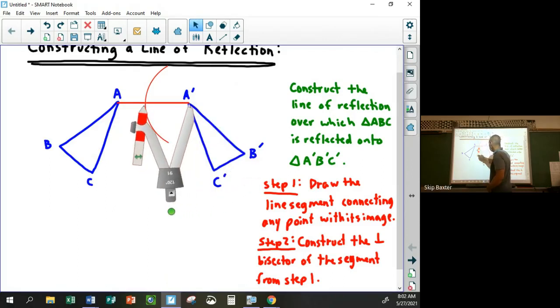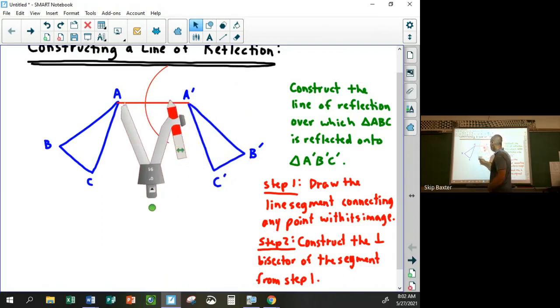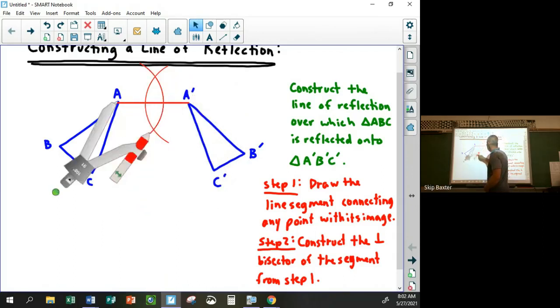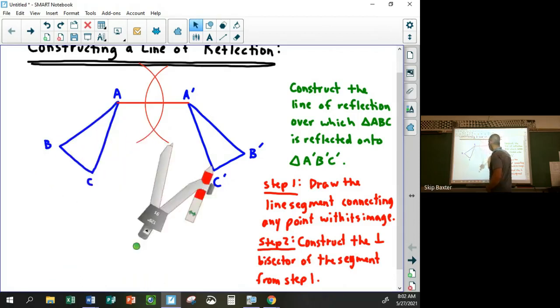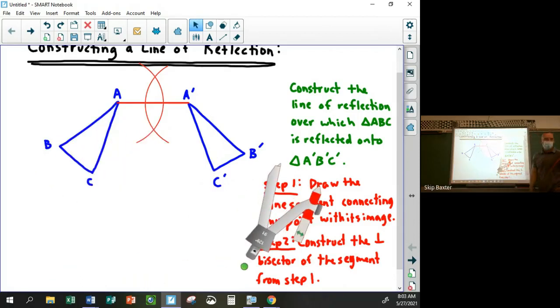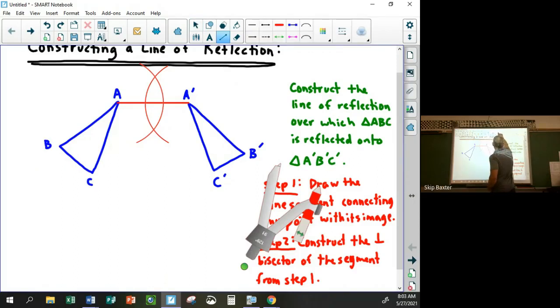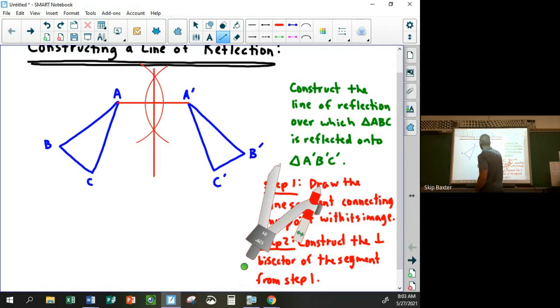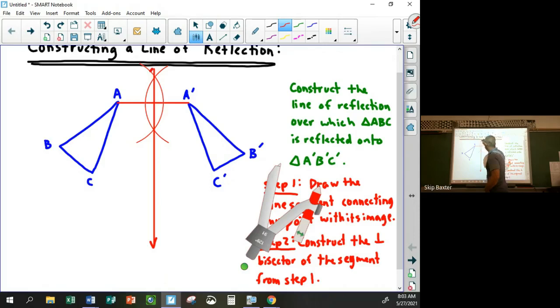Then you flip your compass around, and you go to the other side and draw the same size arc. And then you just connect it. That's it. So this line is going to be this, and that's it. That's the line of reflection, that perpendicular bisector.